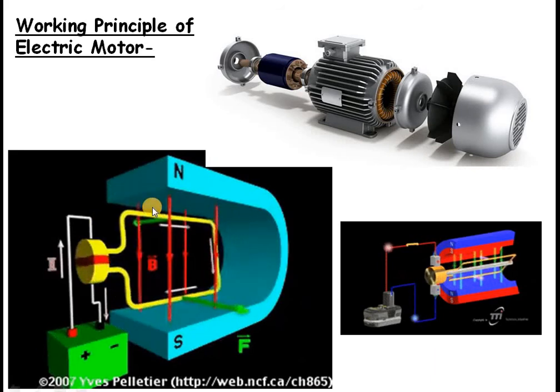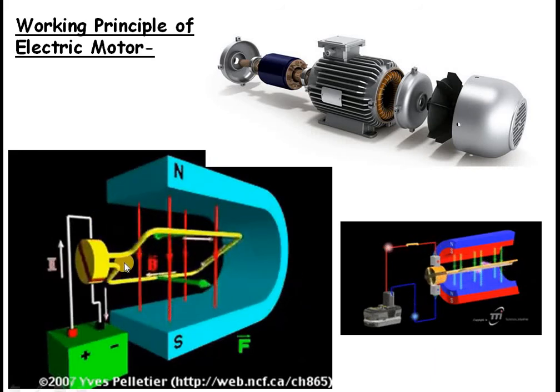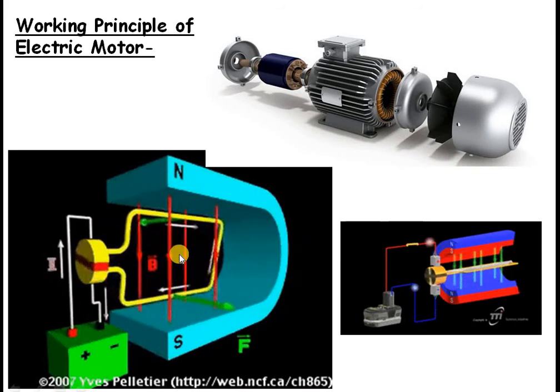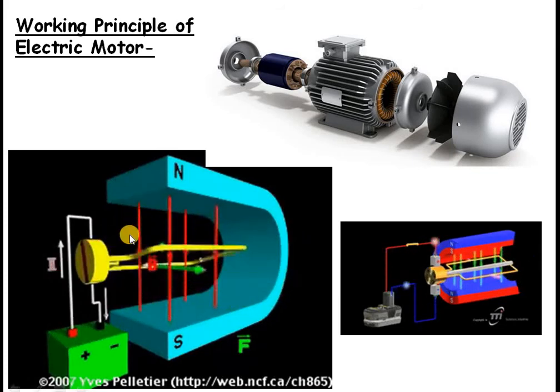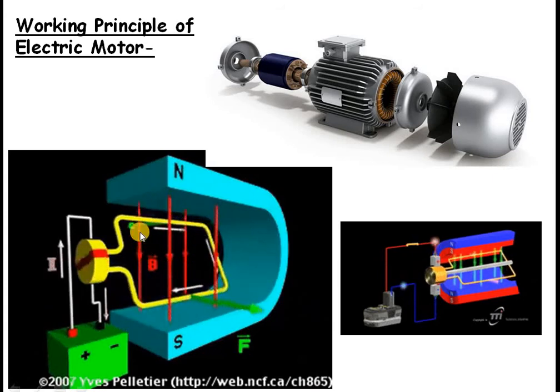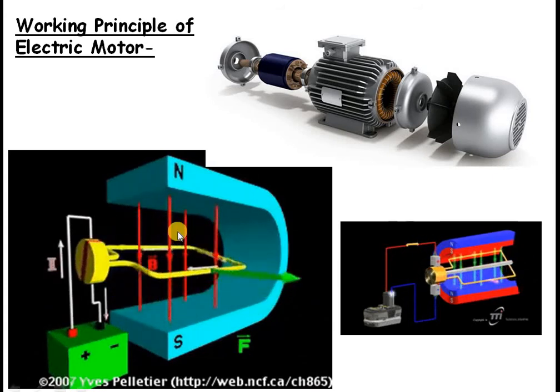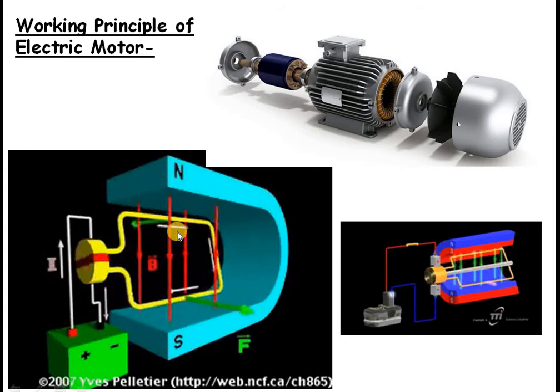Suppose you have a wire, you pass some current through it and place it in a strong magnetic field, it experiences a force, and that force you can convert into appropriate torque. And torque, we know, will lead to rotation.